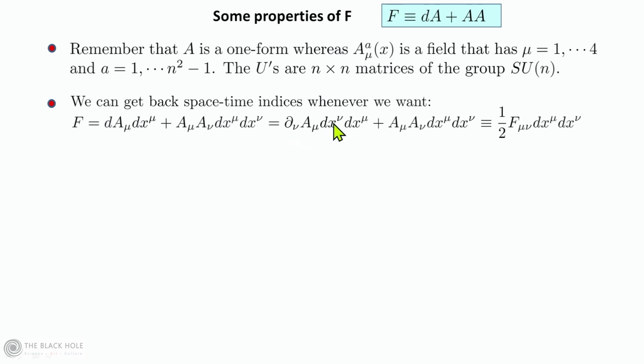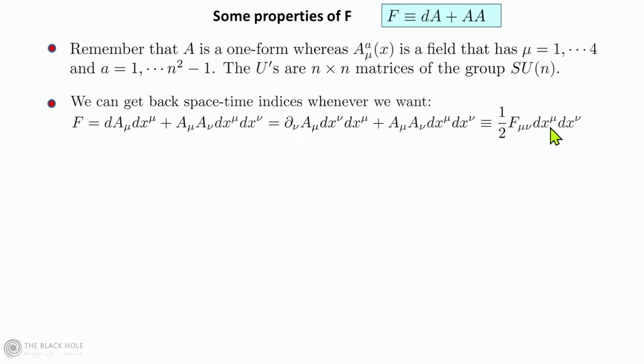Remember that the rule by which you make d operate on anything, in this case a zero form, well, it increases it, it makes the one form into a two form. So you have this two form here, and you have, this I've just written as it is. And now this is antisymmetric.